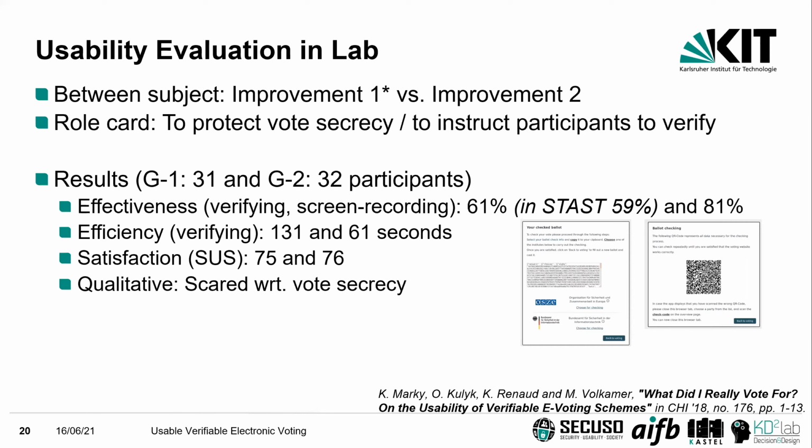And now I also want to mention this, and I think one of you mentioned it beforehand already, that from the qualitative data, maybe it was an interview, from what they said, they were scared about vote secrecy, and actually this holds for both. The fact that either on the app or on a web page, they saw their candidate, they were scared about it, and they didn't want to use such a system for real elections.